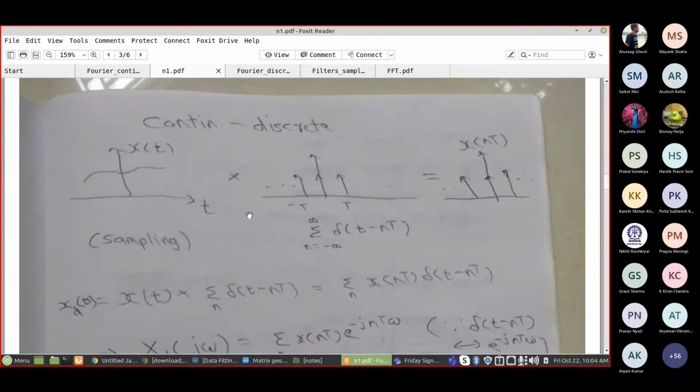If at all it is possible to come back from these discrete samples, can we recover the continuous time signal? If so, can we recover it every time? What I mean is, for all continuous time signals, is it possible to recover the continuous time signal from its discrete samples? And if not, then when can you recover and when can you not recover? Okay, so give it a thought.